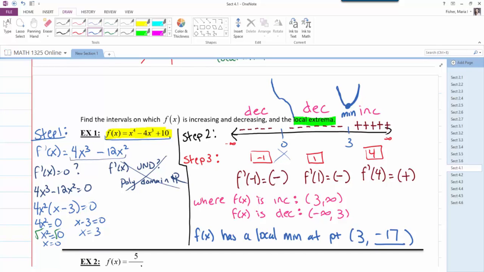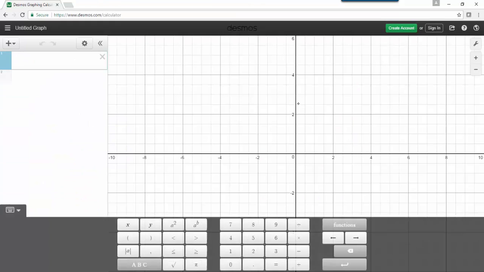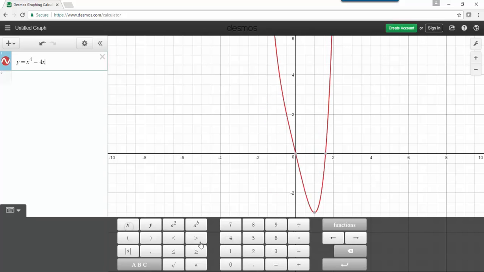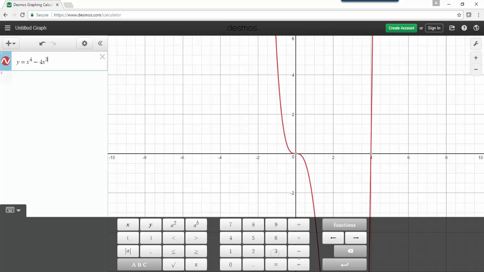If we were to look at a graph of this function, so in Desmos, I'm going to say y equals x to the 4th minus 4x to the 3rd plus 10.